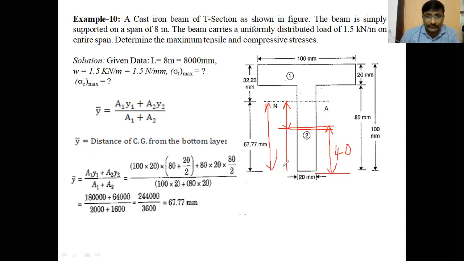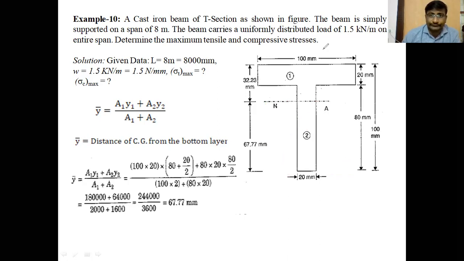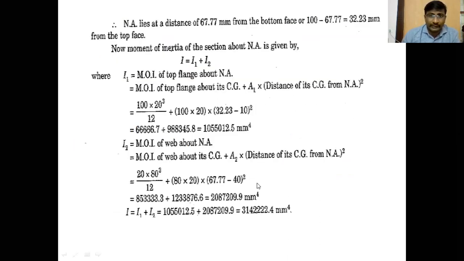You should subtract 40 mm from 67.77, then we can get the distance between these two axes, neutral axis and center of gravity of the second area. So distance between two axes is here 67.77 minus 40, whole square.